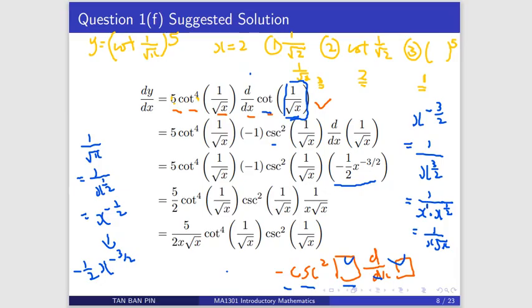When multiplying you add the powers: 1 plus half is 1 and a half, 3 over 2. So that's how we get x square root x. The minus sign and the minus half will give you a plus sign, that's why no more minus sign here. And you can combine the 5 over 2 and the 1 over x square root x together and write it in front. This is the simplest answer you can give.